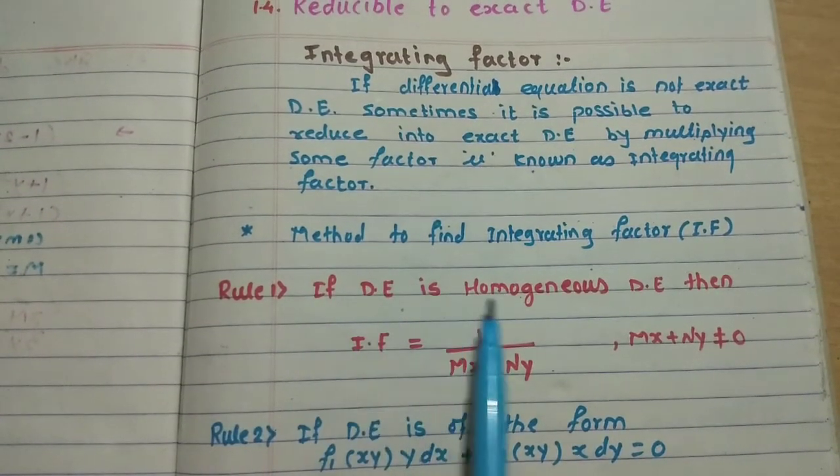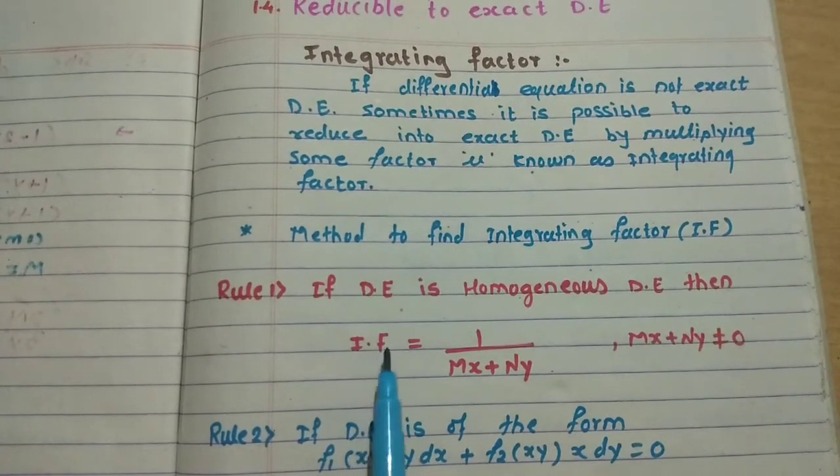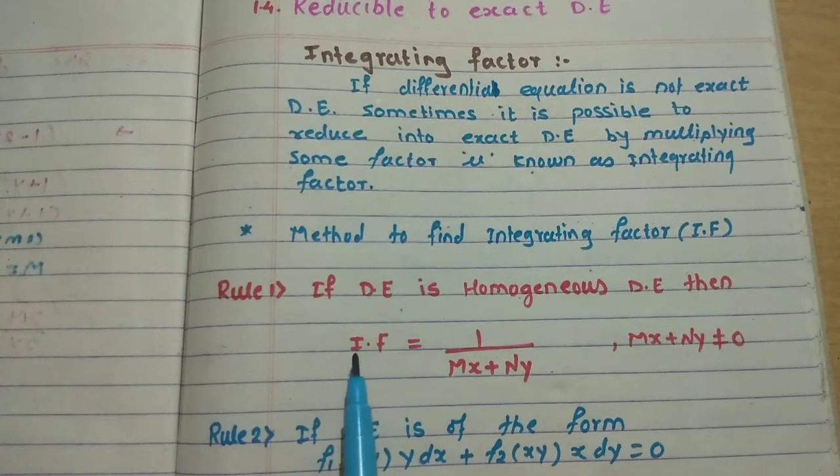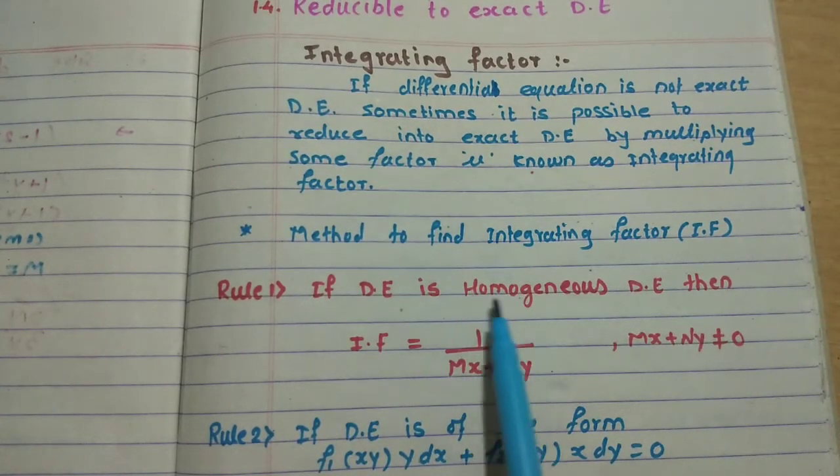If the differential equation is a homogeneous differential equation, then its integrating factor, we write IF, is equal to 1 upon Mx plus Ny, where Mx plus Ny is not equal to 0. Now what is a homogeneous differential equation?